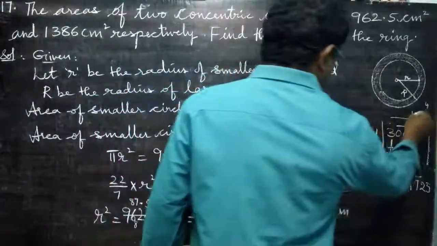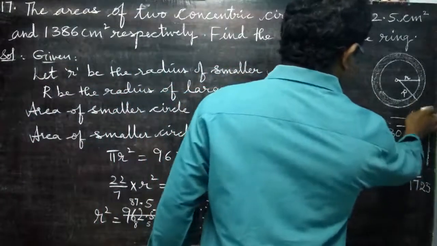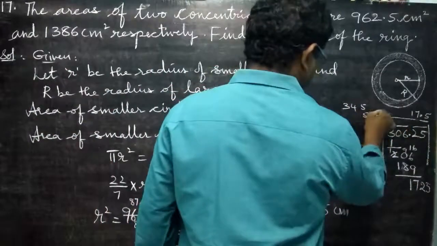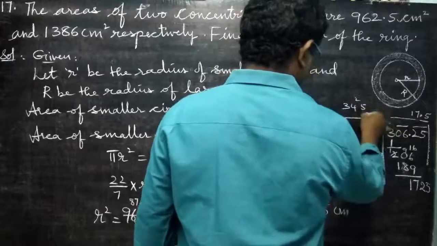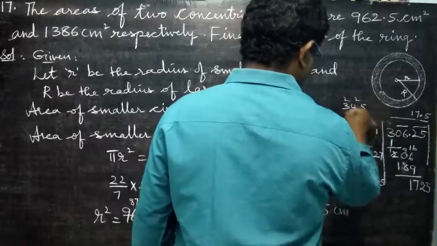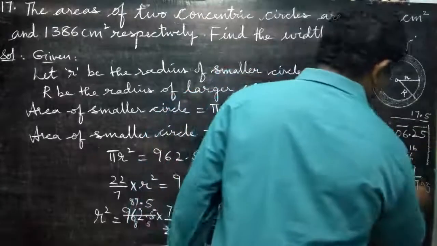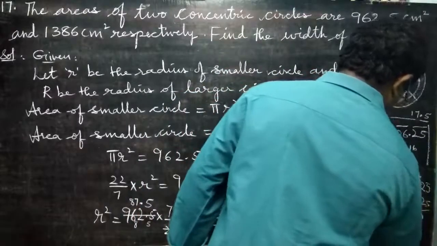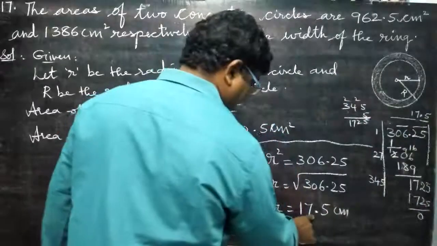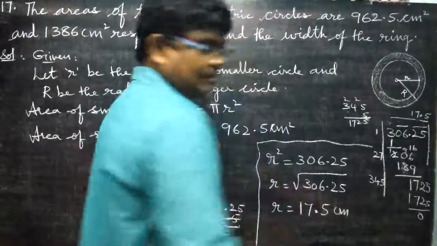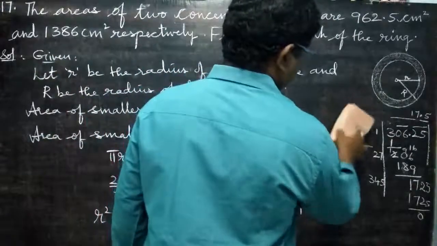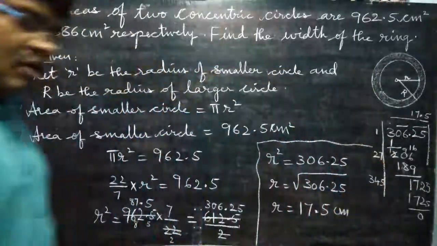So 345 fives: 5 fives 25, 5 4s 20, 22, 5 3s 15, 17. So exactly 1725. 0. So what is the answer? 17.5. In multiplications and calculations, you have to be very careful. Division method. So now we got the smaller radius.